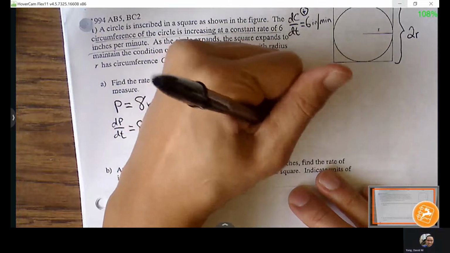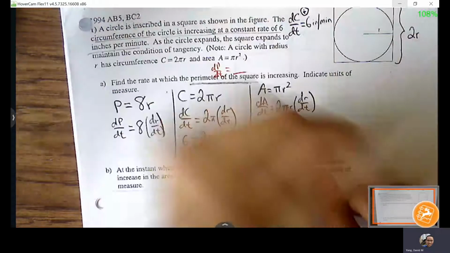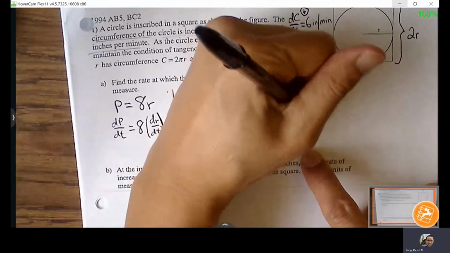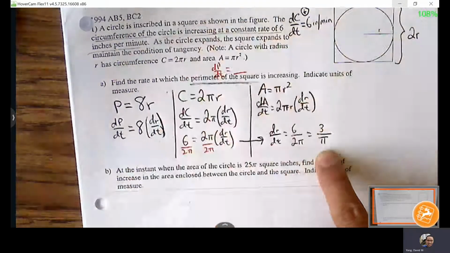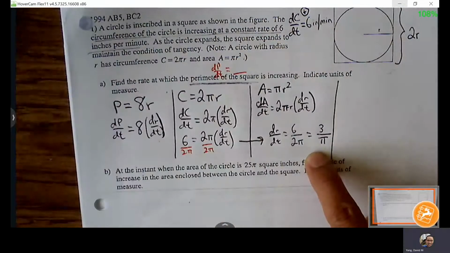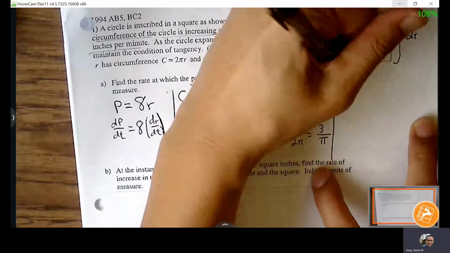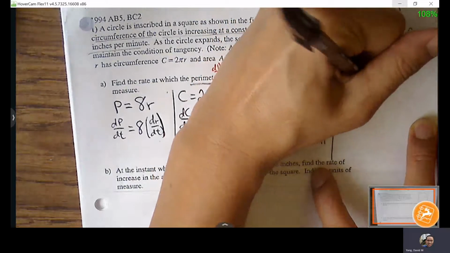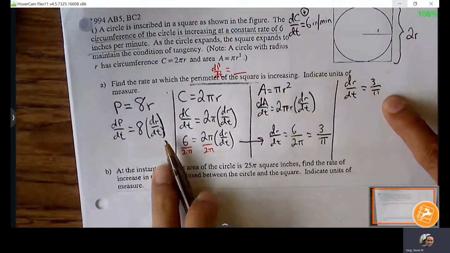Good. And careful, I know pi seems strange in the denominator, but that's where it ended up, so that's where we're going to have to keep it. So dr/dt equals 3 over pi. Let me just put that up here. It's not what we're looking for, but it is needed for our final answer.